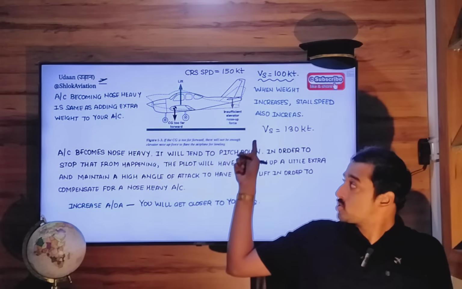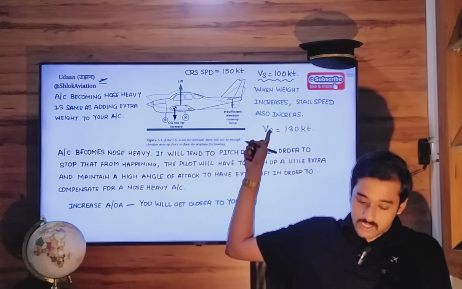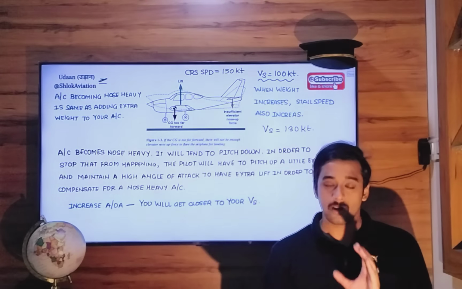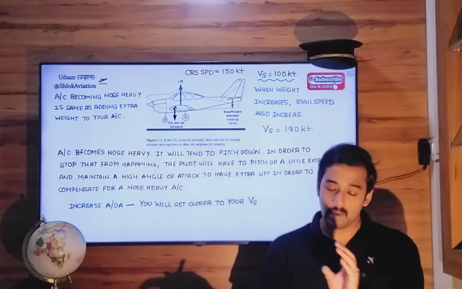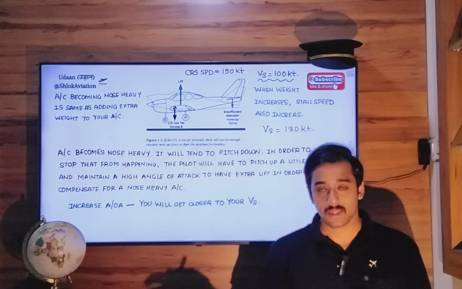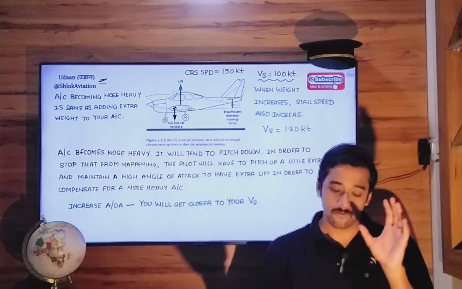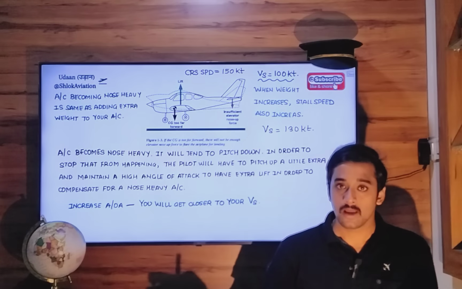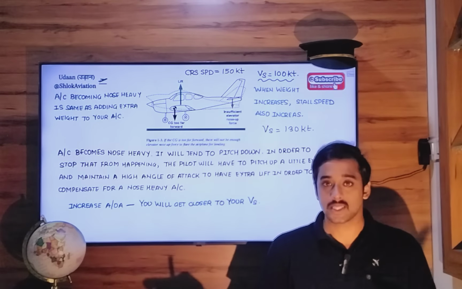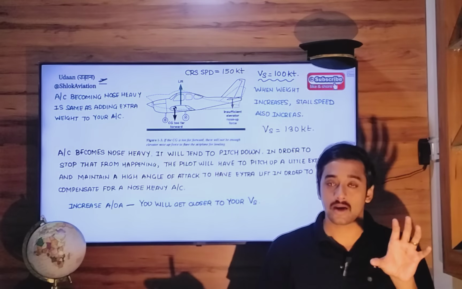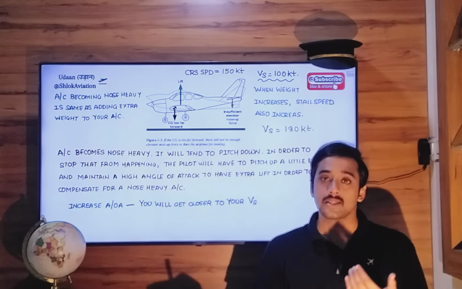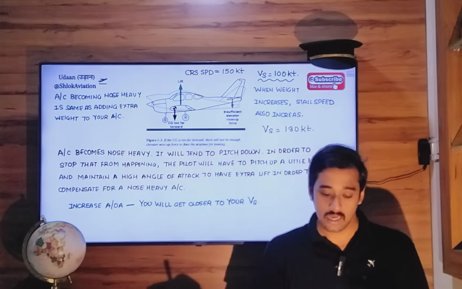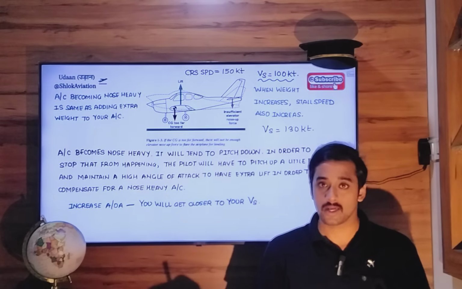And with this new stall speed of 130 knots, the margin becomes 150 minus 130, 20 knots. The margin has decreased from 50 to 20, right? So this becomes more unsafe. Whenever you add extra weight to your aircraft, or when the CG of your aircraft is too far forward, these are the dangers that it invites.